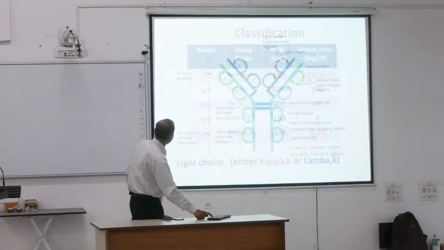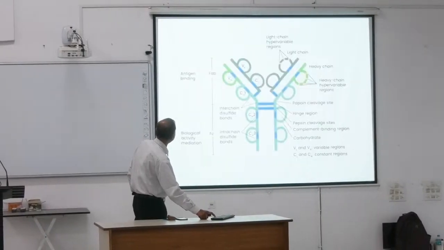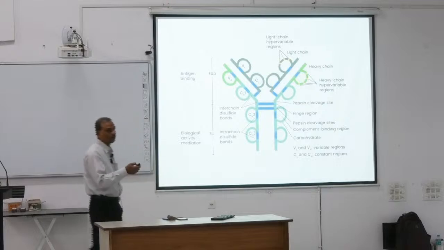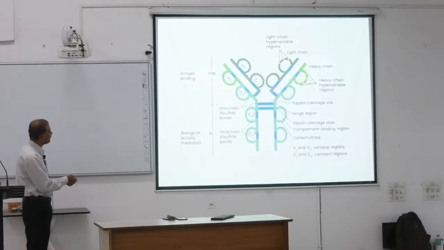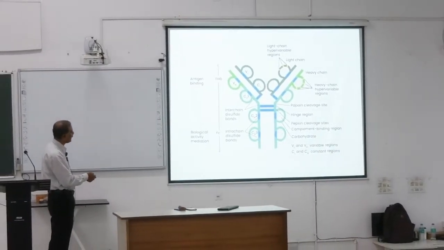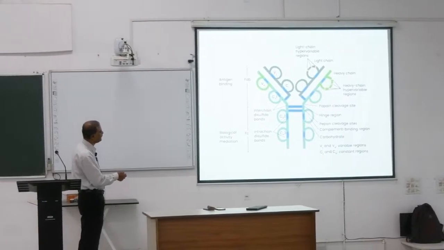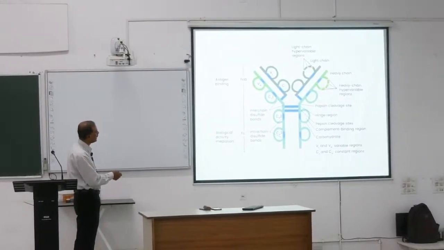So if we go a little bit into depth, in the light chain region, this binding region, this variable part, there is a hypervariable region, and there are three dotted lines. You can see the dotted areas, and that is the reason why we get so many diverse antibodies in our body.